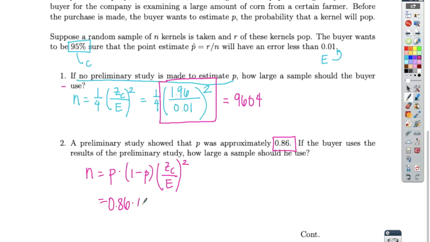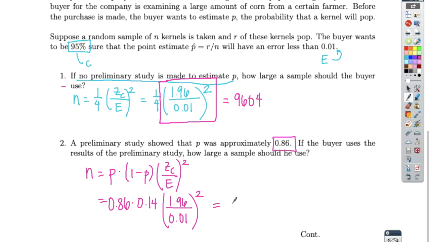It makes it 0.14. And then times the same critical value, we still want to be 95% confident, so 1.96 over the error, 0.01, and squared. Now, when I throw this into my calculator, this time you are going to get a decimal.